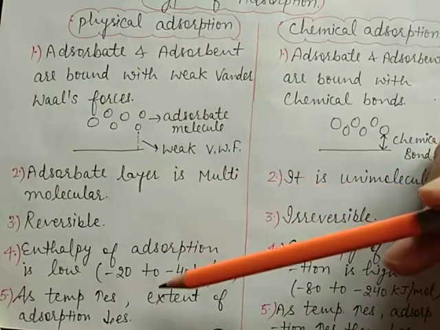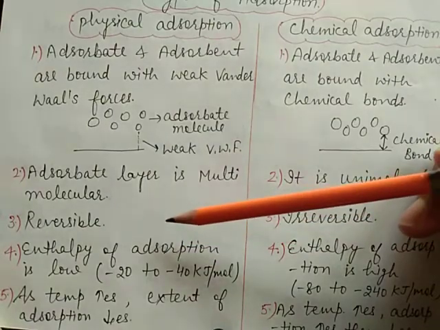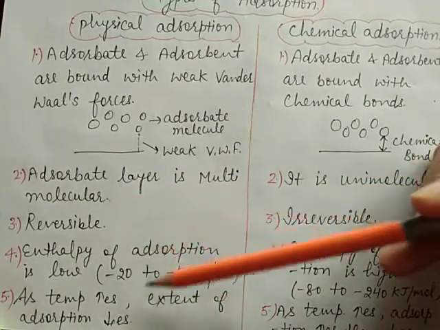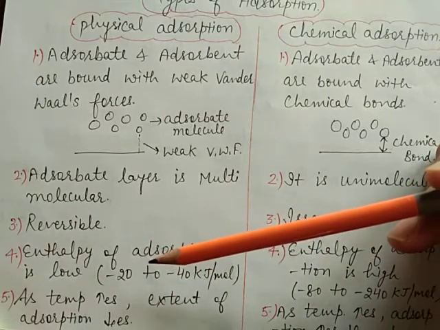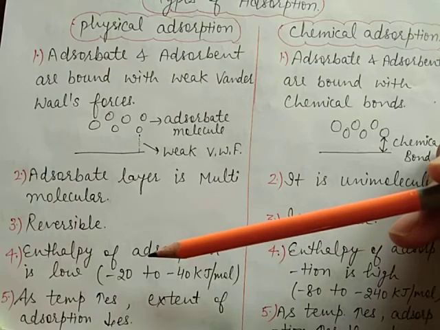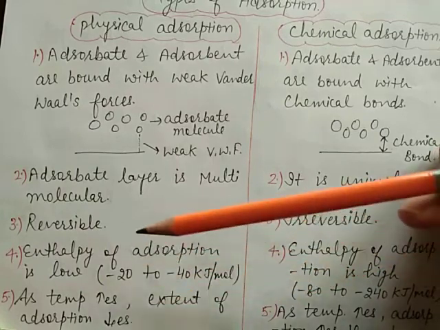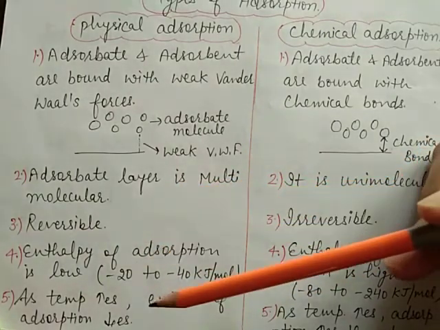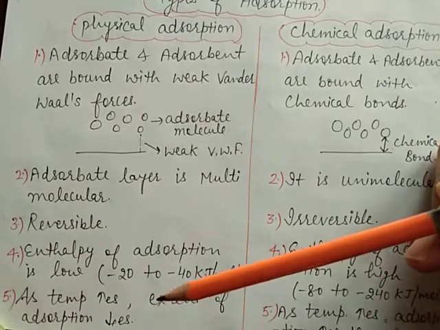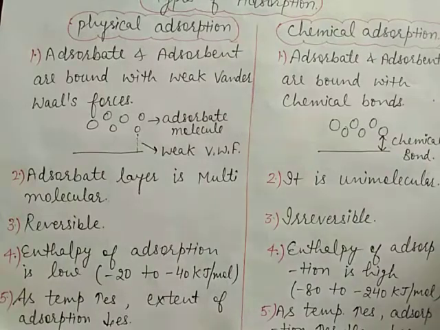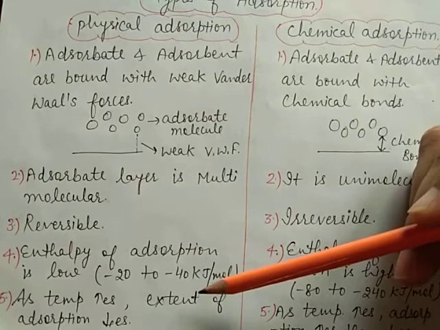Means gas adsorbs on solid plus heat is released. So due to this, according to Le Chatelier's principle, if we increase the temperature, then the equilibrium will shift in the backward direction, where the gas is released from the adsorbed surface. So that's why as temperature increases, the extent of adsorption decreases.